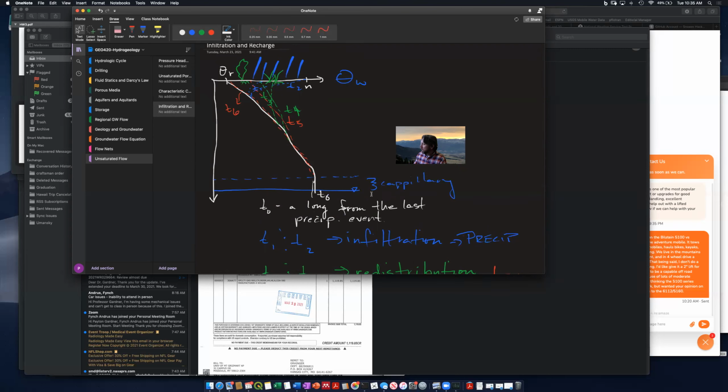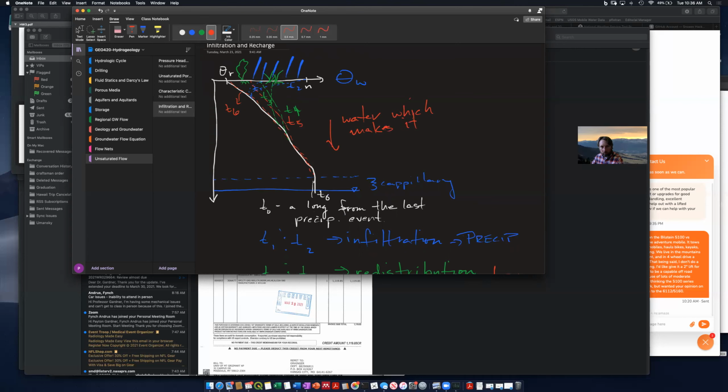So one thing, this portion of water that makes it past the root zone and drains to the water table becomes recharge.